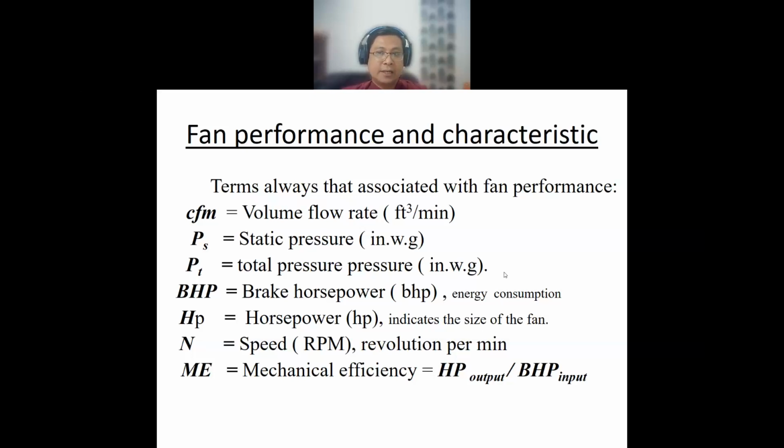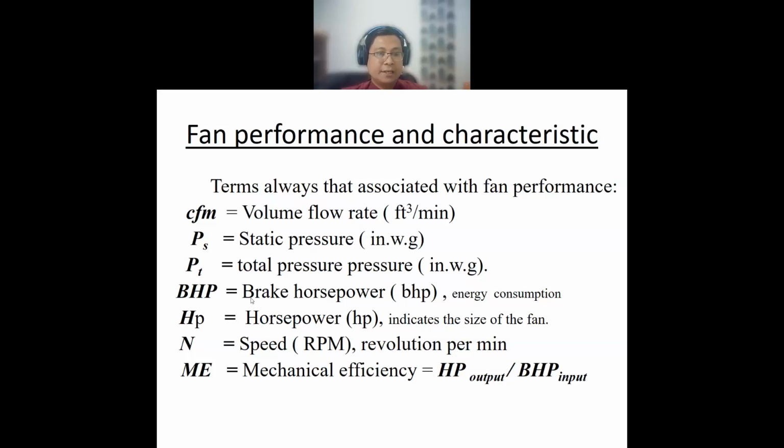Okay, the first is CFM, volume flow rate, and then static pressure and total pressure. Sorry, double typo on the PT. PT is only the total pressure. The total pressure is the sum of the static pressure and dynamic pressure.